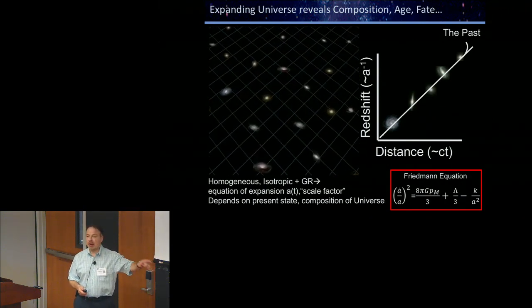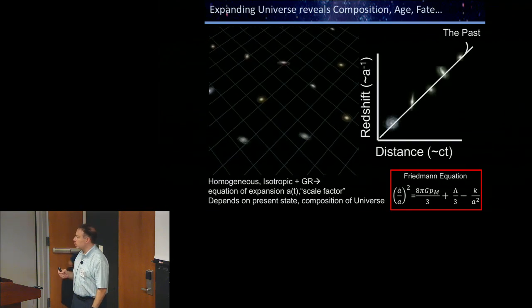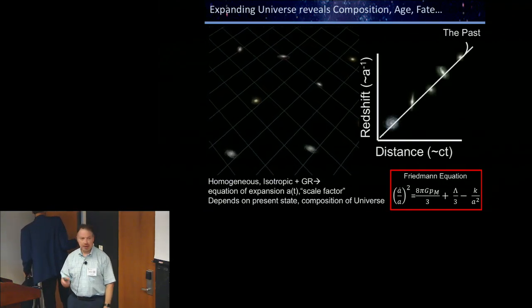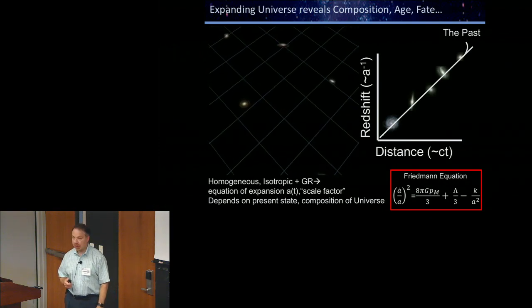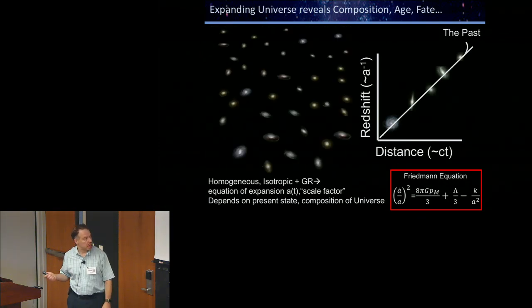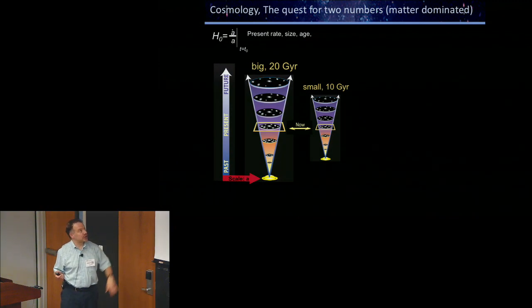Now, it turns out, at least when we thought the universe was simple, just matter dominated, that really just measuring the first two derivatives of A would tell you most of what you wanted to know. And so that's why cosmology used to be called the quest for two numbers, because in just a matter-dominated universe, the first derivative of A, A dot, the Hubble constant, sets the size scale, the age scale for the universe.